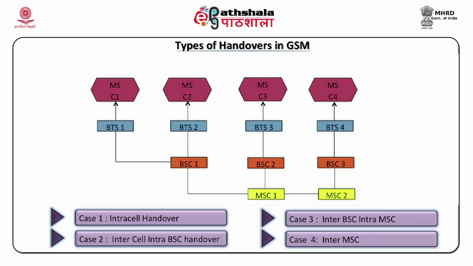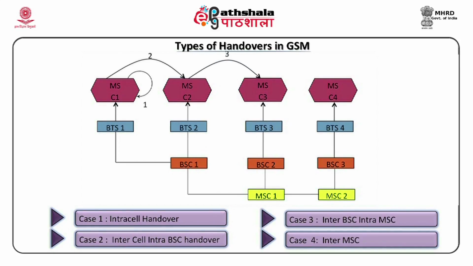So, you can see that in the first case the handover is within the cell only. So, it is an intracell handover. In the second scenario, you can see that the mobile device has moved from one cell to another cell, but in the same BSC area, that is from C1 to C2, both belonging to BSC 1. So, in this case the handover is called intercell and intra-BSC.